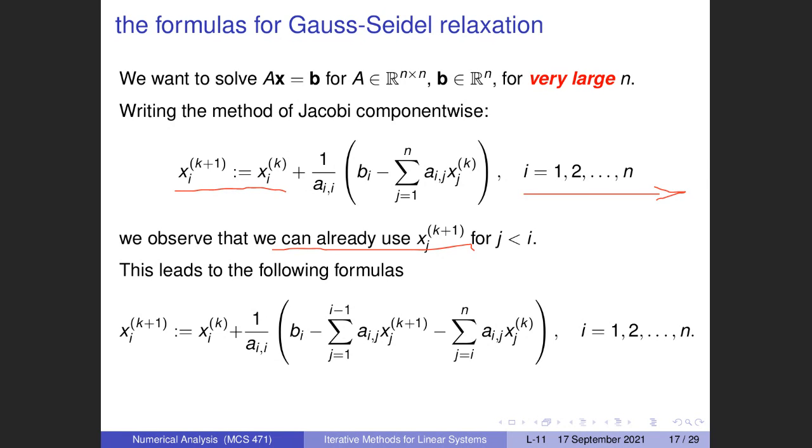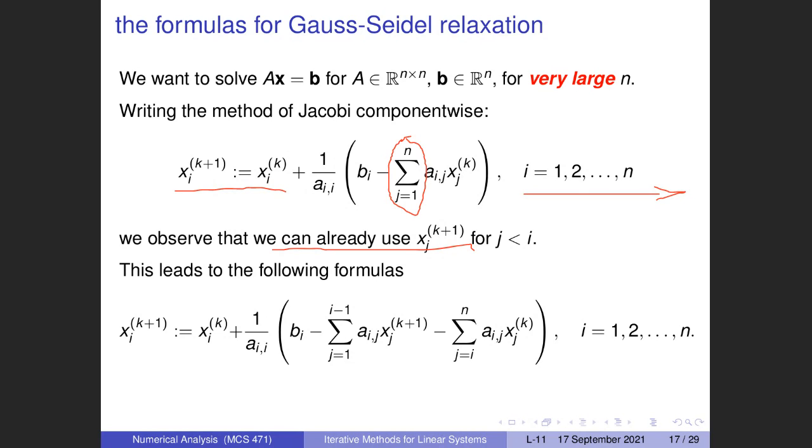So that leads to a rewrite of the formulas, and that will define the method of Gauss-Seidel. What we will do is split off this big sum here. You see the j in the big sigma runs from 1 to n.